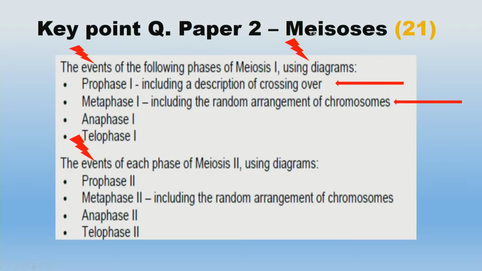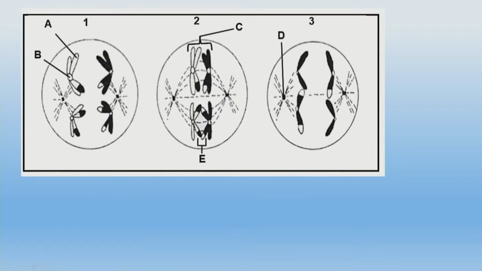So meiosis. Typical questions in meiosis are to identify different parts of the process. This is anaphase 1, metaphase 1, and I just want to emphasize the difference here. In this case, there are no spindle fibers, so that is anaphase 1.